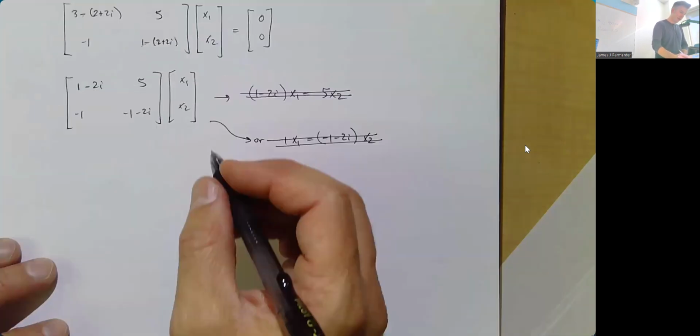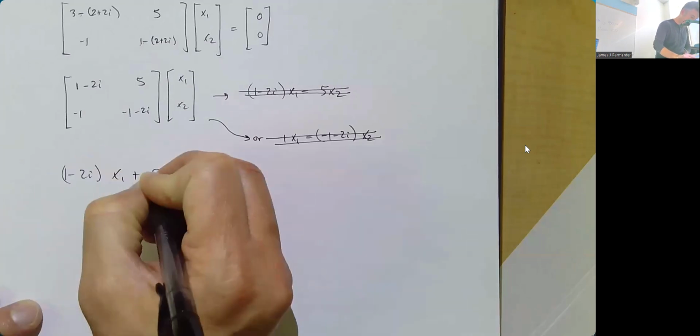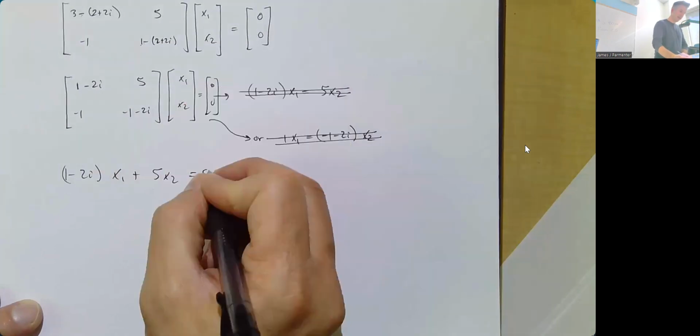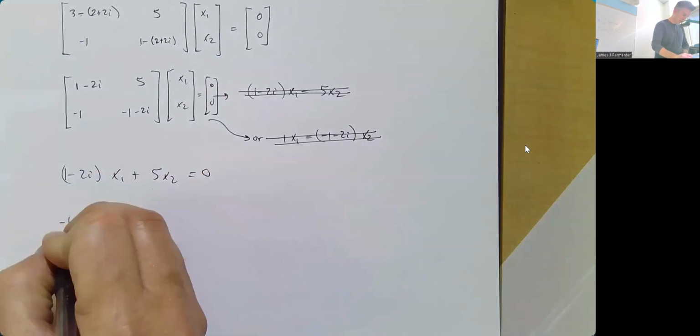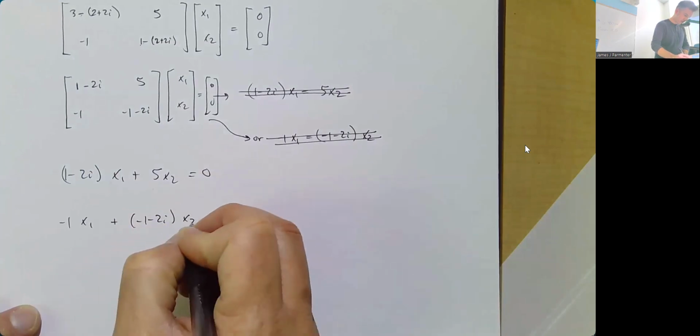Yes, if we do the right thing and you say 1 minus 2i times x1 plus 5 times x2 equals 0, then you get the same equation. Or -1 times x1 plus (-1 minus 2i) times x2 equal to 0.